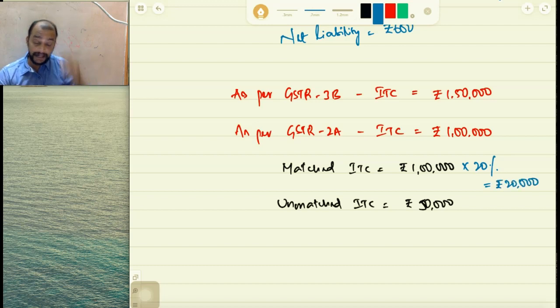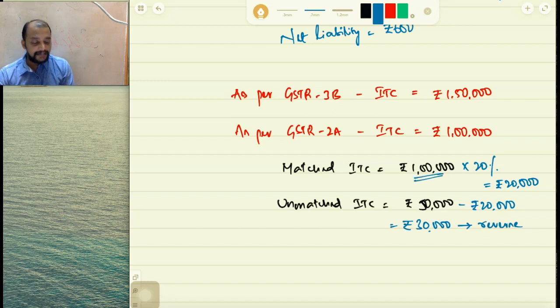Out of the unmatched ITC, you can enjoy 20,000 and the balance 30,000 you need to reverse. So how much ITC can I take? 1 lakh I can take, plus this 20,000, 1,20,000, and the balance 30,000 I need to reverse. So this is the relaxation that we have.